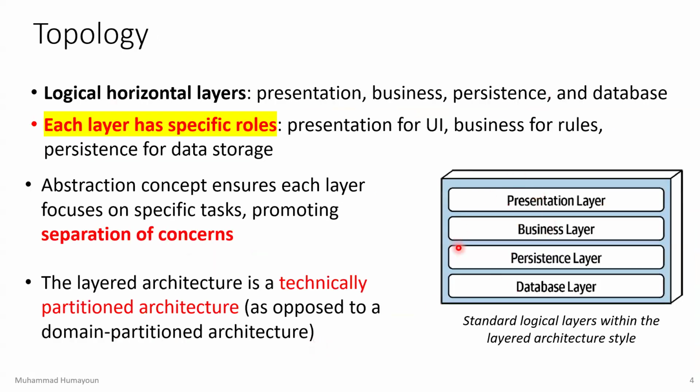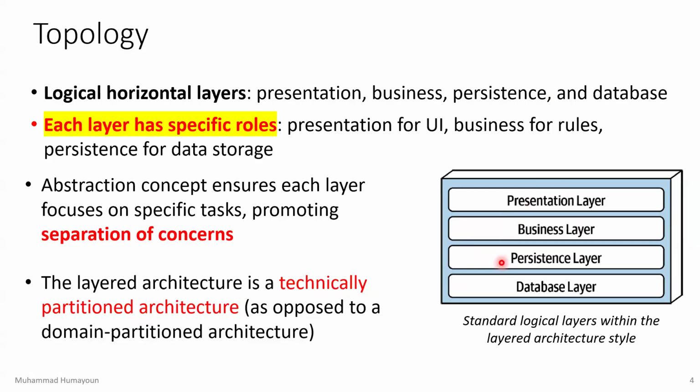So that brings us here, which is called layered architecture. It has a presentation layer, a business layer, a persistence layer, and a database layer. Every layer has a specific role. Presentation is all about UI. The business layer is all about the business rules.